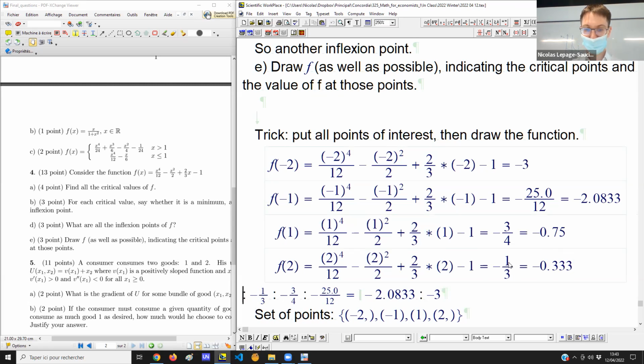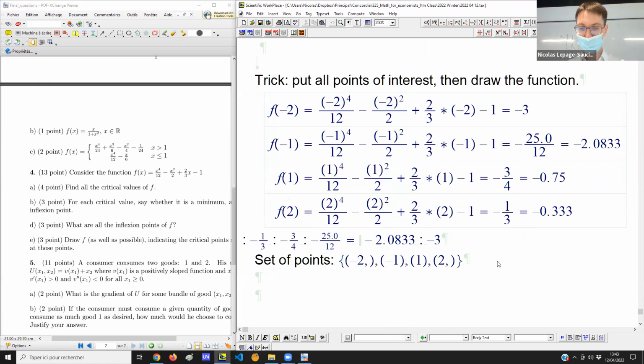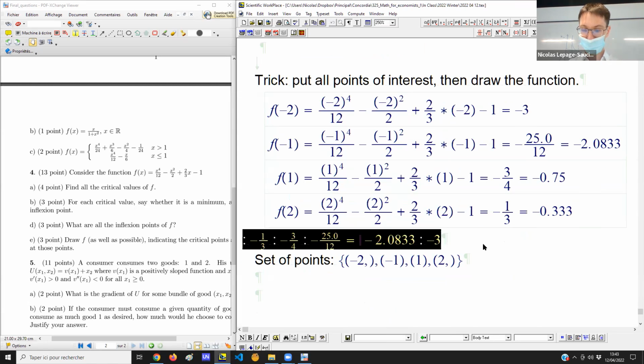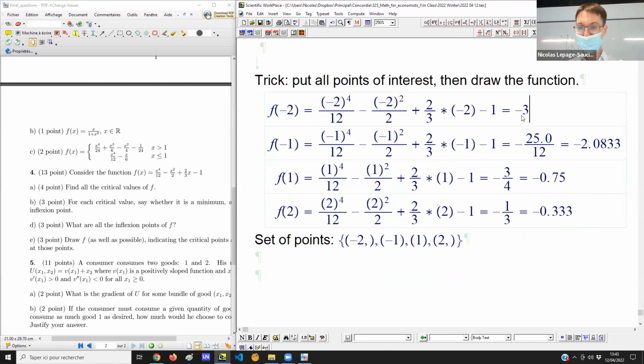So then the set of points is -2, -1, -25 first. But I'm going to just use this value there to put it as best as I can. This is -3/4 and -1. So mostly negative numbers.